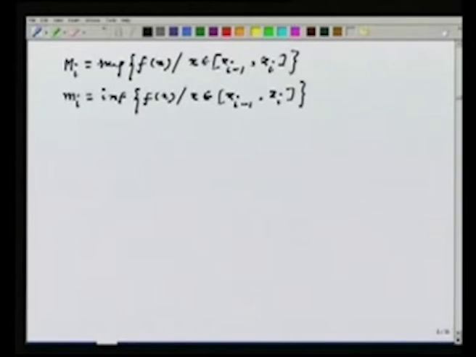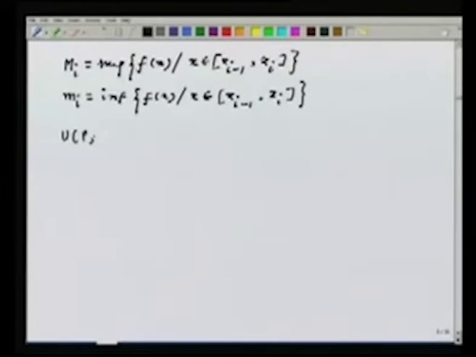Notice that if I draw a rectangle whose base is the interval x(i-1), xi and whose height is little mi, then I get a rectangle which lies below the graph of the function, right? It just touches the function at one point. If I draw a rectangle with base the interval x(i-1), xi and whose height is capital Mi, then that rectangle goes above the graph of the function.